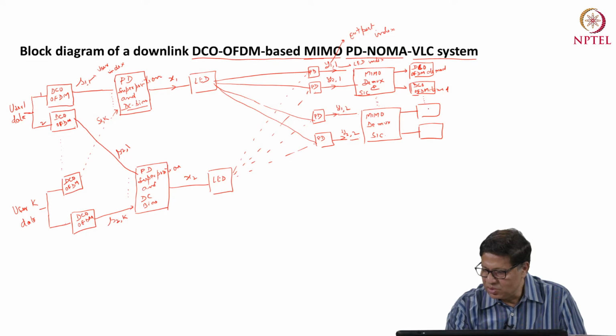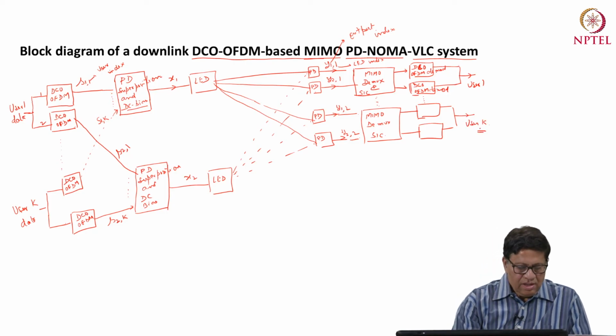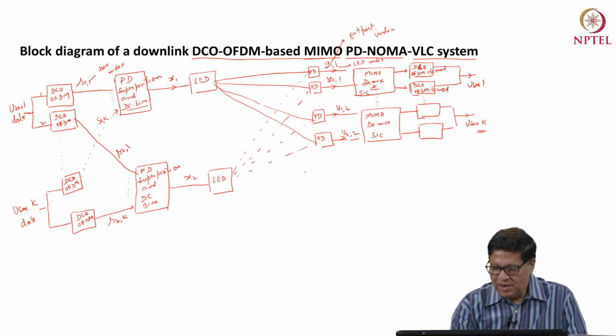So this is DCO-OFDM demod, same as earlier. And from here, you get the user 1 data, and then similarly you will get user K data. So you are using multiple LEDs.